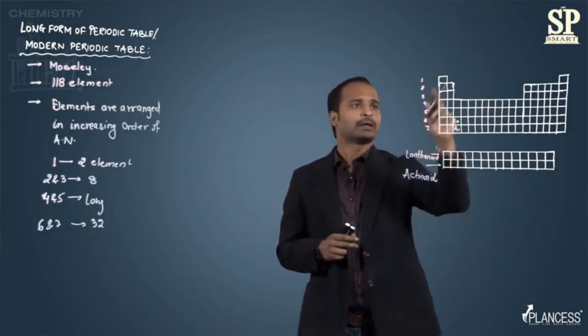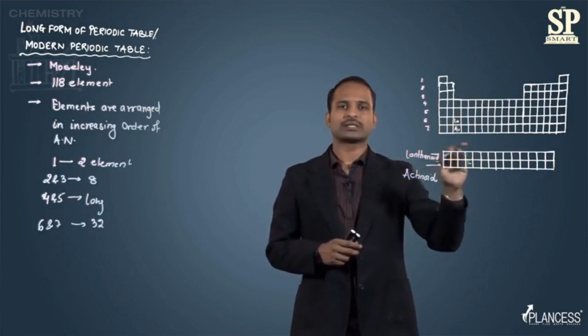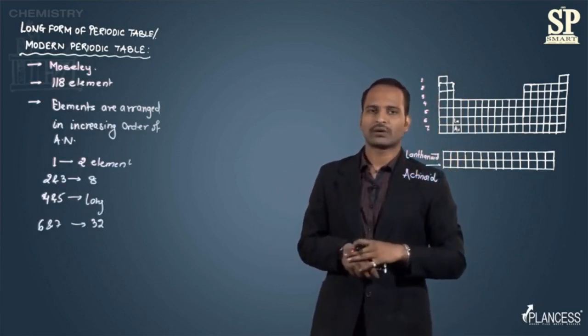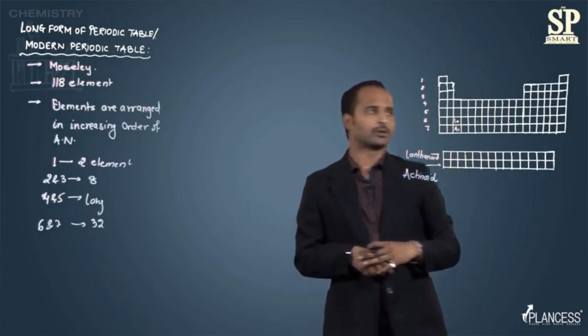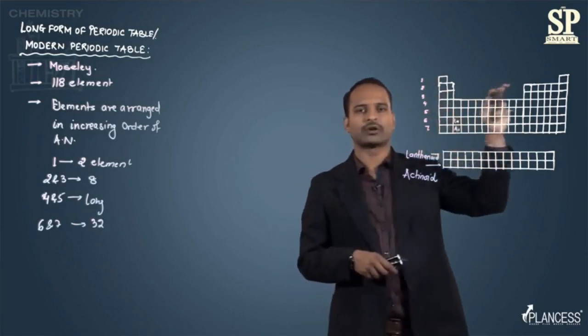As I said, there are 7 horizontal lines and those 7 horizontal lines are called periods. Now let's talk about the groups. Here we have a total of 18 groups.